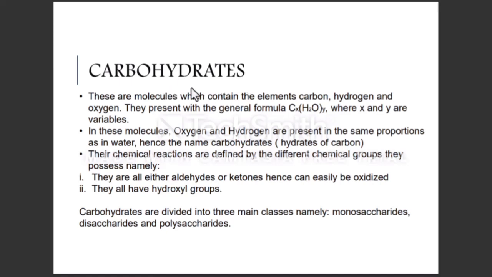Okay, like in water. That is why it carries the name hydrate. So they all present the general formula CxH2O(y). We note here that H2O is the formula for water. CxH2O(y), where x and y are variables, so they can change. x can be 3, y, for example, could be 3 or something else, depending on the different carbohydrates. But all of them respect this general rule.